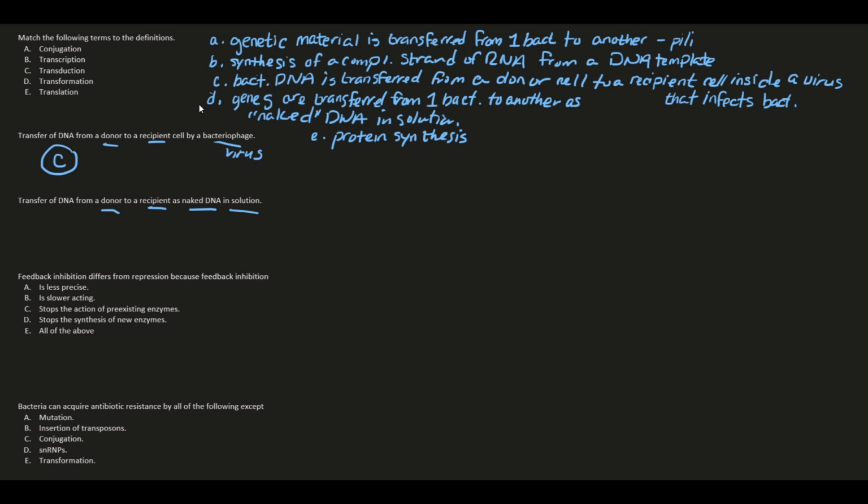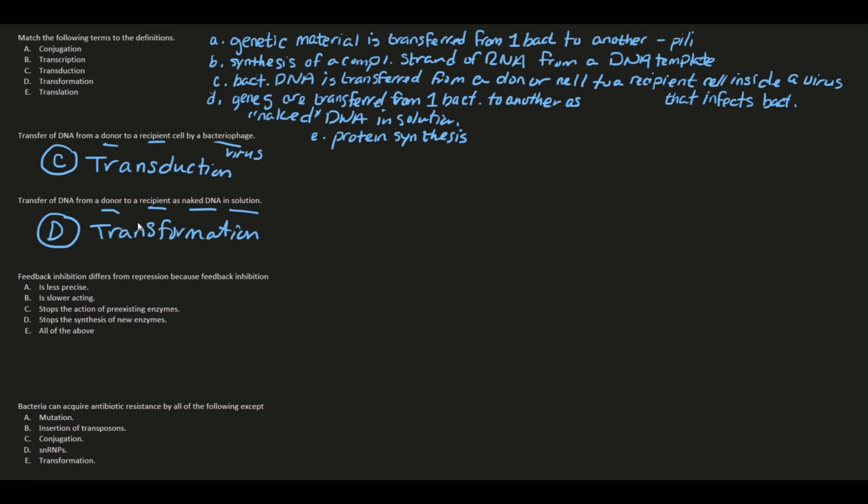Well, that one has to be D. So we have, for the first one, C, it's transduction. And then the D is transformation for the second one. Make sure you write those out. All right, so we're done with those two.